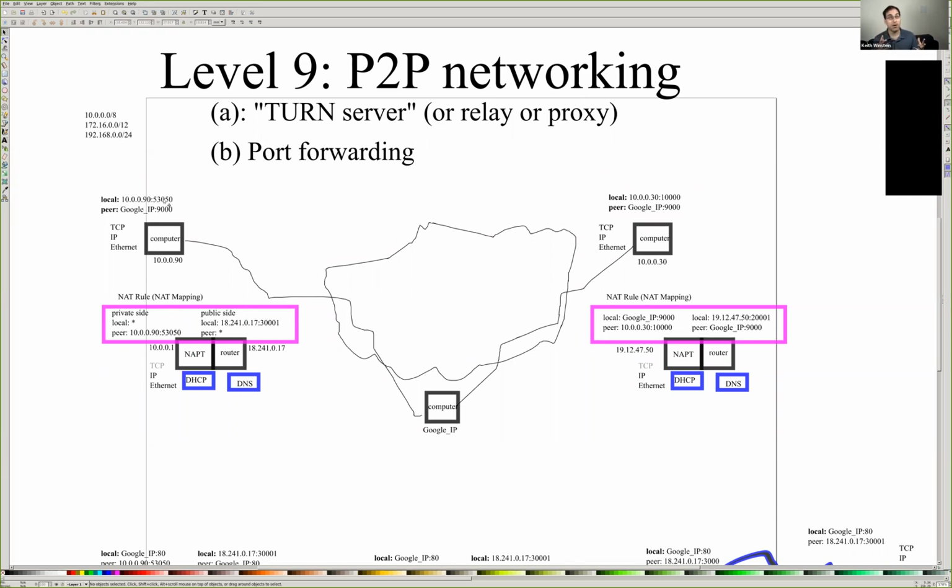This is called opening a port on the NAT, or port forwarding. And if you do this, now the computers can talk directly. They don't need any Google.